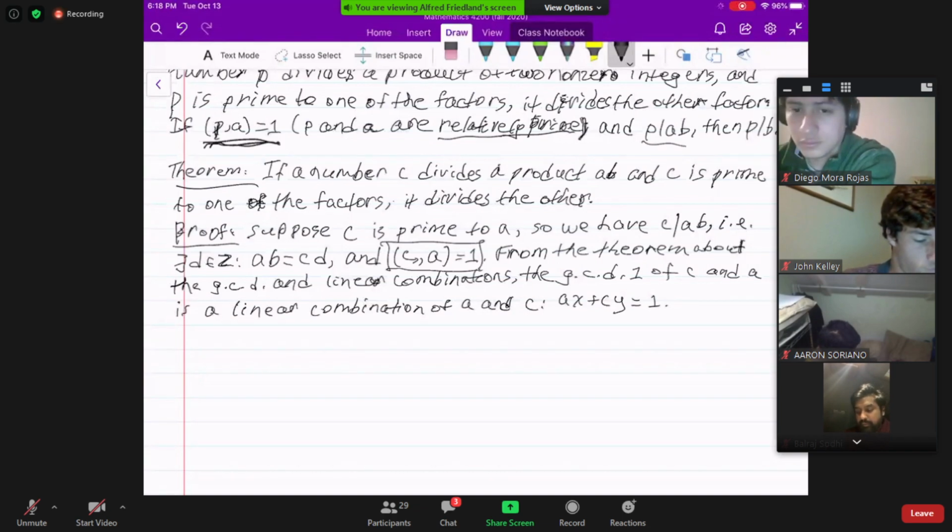Or the other way around, you can put the C first. It doesn't matter what you put first by the commutative property of addition.